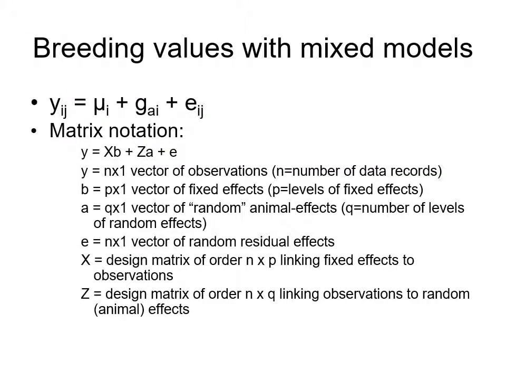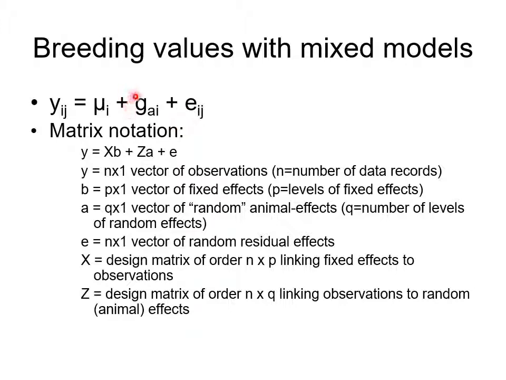Good. Let's start with the mixed model equations. This is basically what we have said, that any observation of an animal, or the differences in measurements amongst those animals, are basically a result of the environmental or the fixed effects plus, in this case, the additive genetic effects, and then also residual effects.